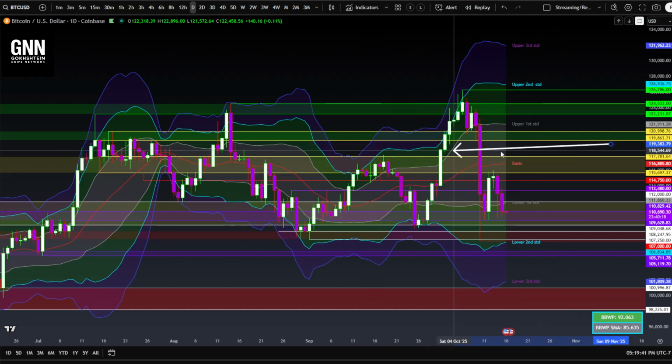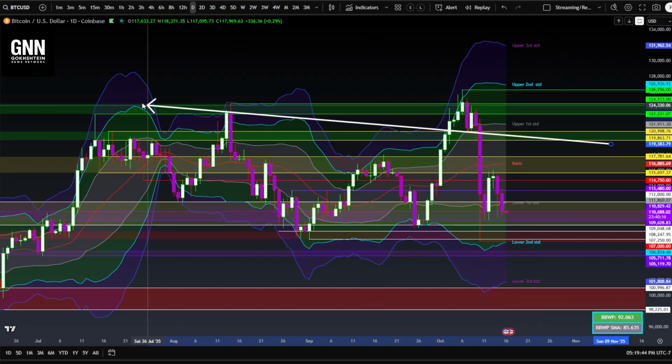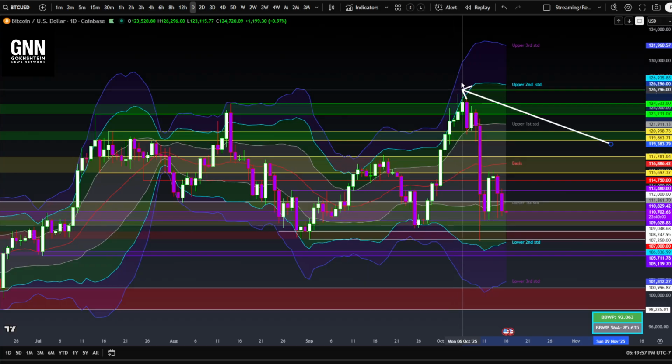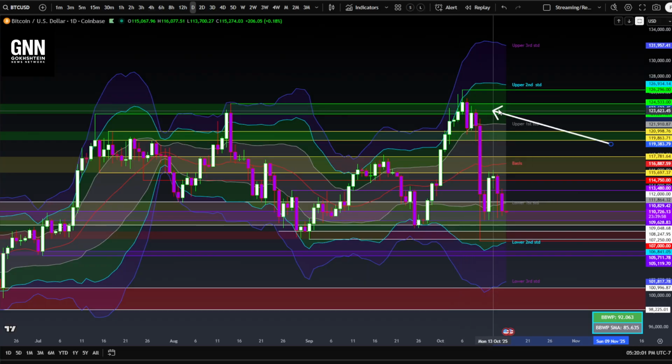Any closes above 118, we're looking 120 to 121. Above there, we're looking 123 to 125. And then above there, shorts actually start to get repositioned or be forced to reposition back to, obviously no cover above the highs. Very little cover above 123 to 125 anyway.